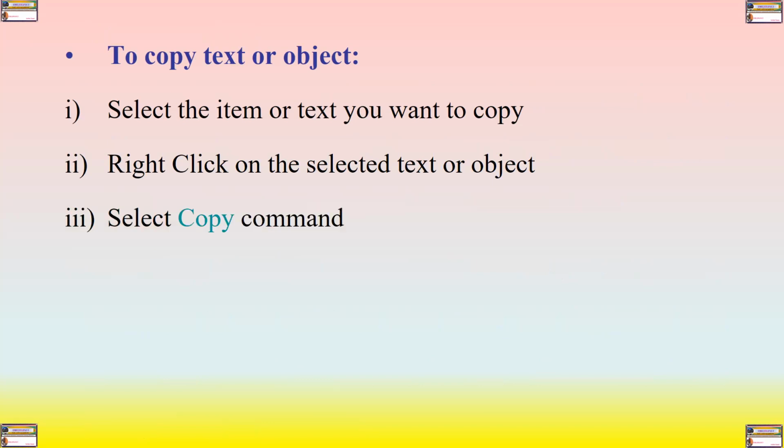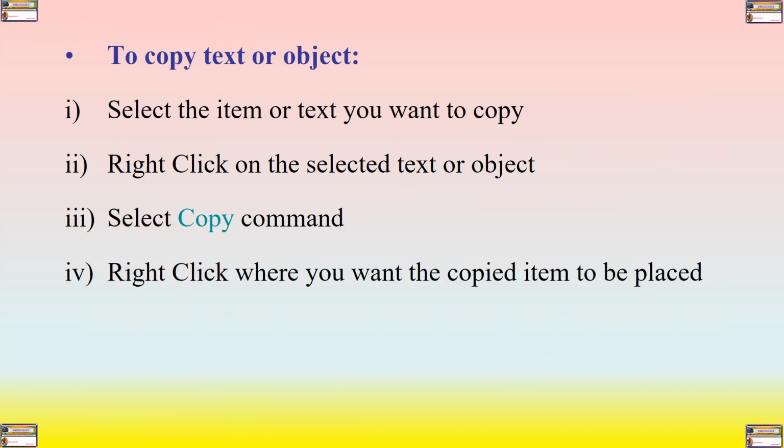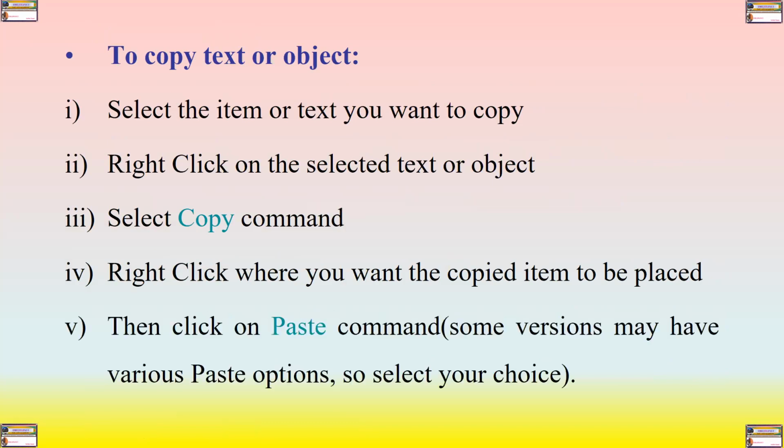Then you click on the Copy command. You then right-click where you want the copied text to be placed, and then you click on the Paste command. And just as I have already said concerning moving, some versions may have various paste options, so you select the one of your choice.